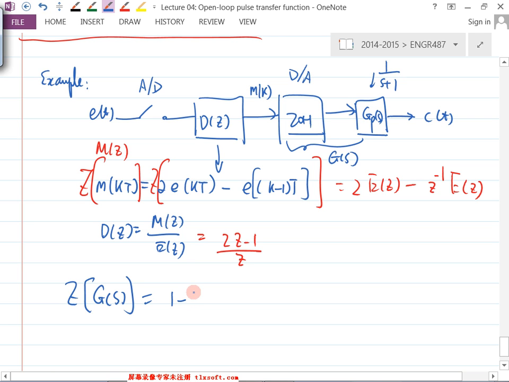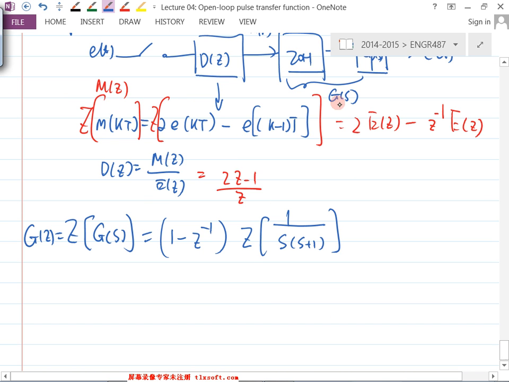Y minus Z to the -1 times what? In this case, this is 1 over S plus 1. So you can use the results from the previous example. Once you find this out, let's call this G of Z. Then this G of Z times that D of Z is the pulse transfer function.